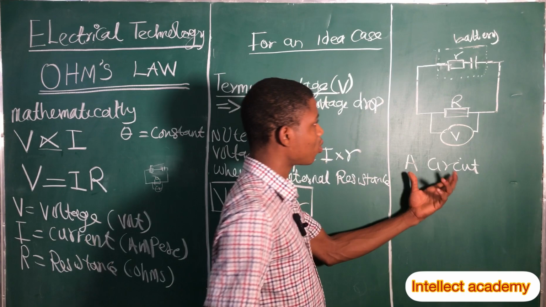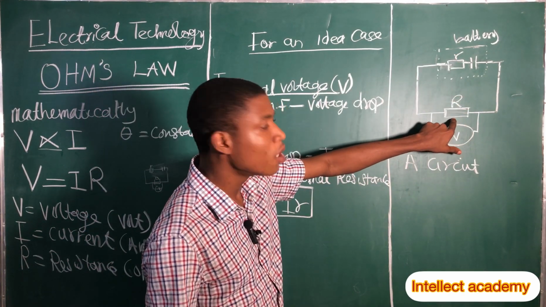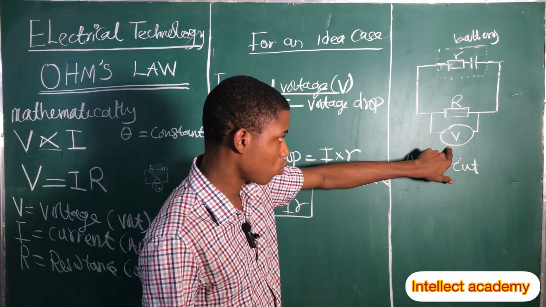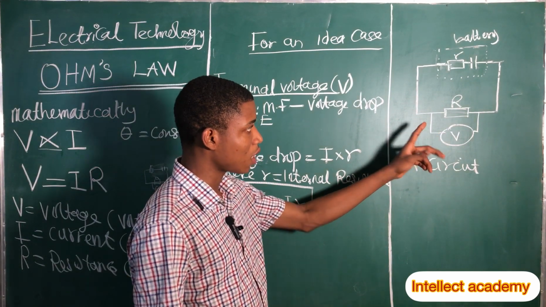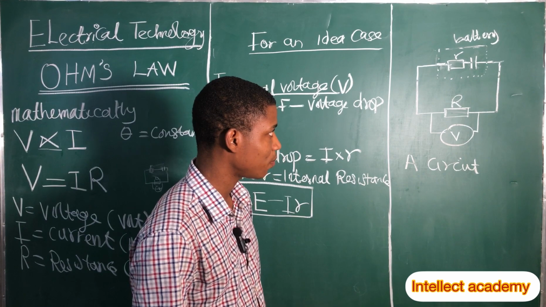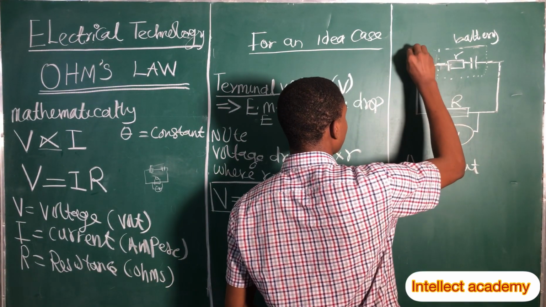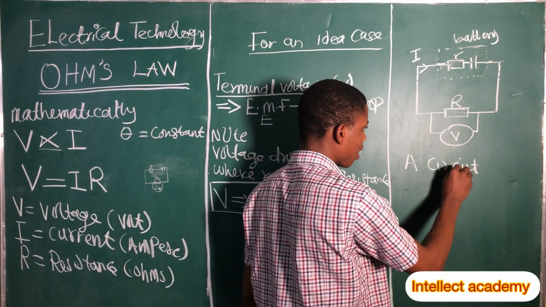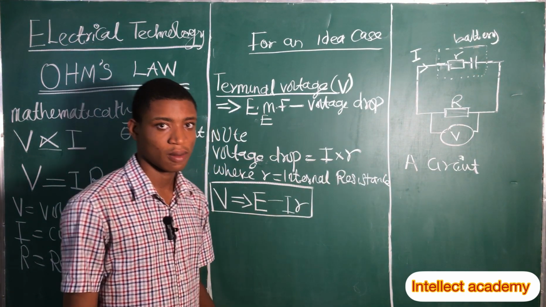We have the internal resistance and the external resistance, and a voltmeter. This is a typical example of a circuit that has the main resistance and the internal resistance, where the current flows in this direction, I. So this is a circuit that has the internal resistance and the external resistance.